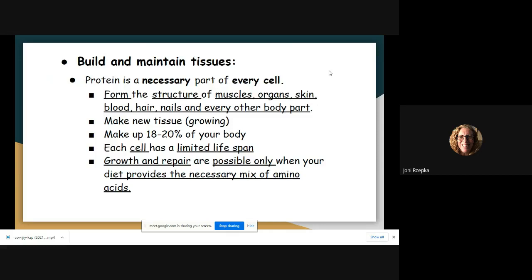Each cell has a limited lifespan, and growth and repair are possible only when your diet provides the necessary mix of amino acids. And remember, 9 are essential because our body doesn't provide them, and 11 are non-essential because our body has a supply of them.